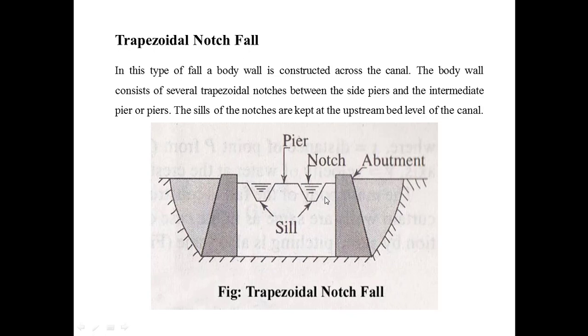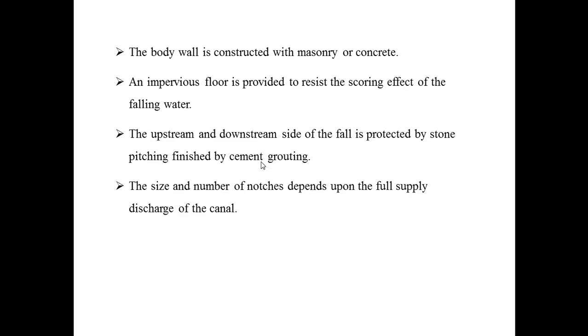The sill of the notches is kept at the upstream bed level of the canal. The body wall is constructed with masonry on concrete. An impervious floor is provided to resist the scouring effect of the falling water.